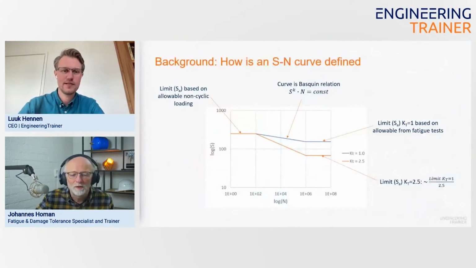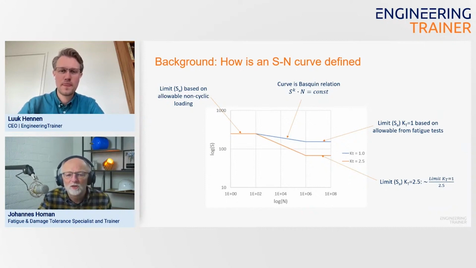Well, before I start with the example of this calculation, I will tell you a little bit about how an SN curve is defined. An SN curve is a representation of number of cycles to failure, depending on the applied stress amplitude.